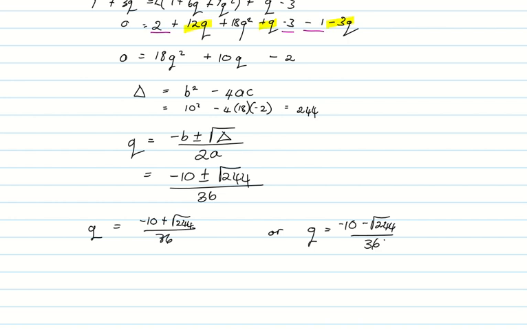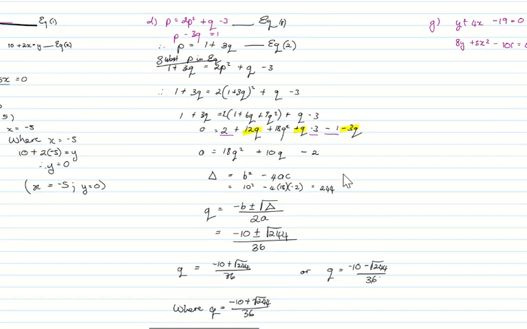So where Q is equal to negative 10 plus the square root of 244 over 36, we're going to substitute that into the simplest equation, which is equation number 2. Let me go up so that we can see that a little bit.